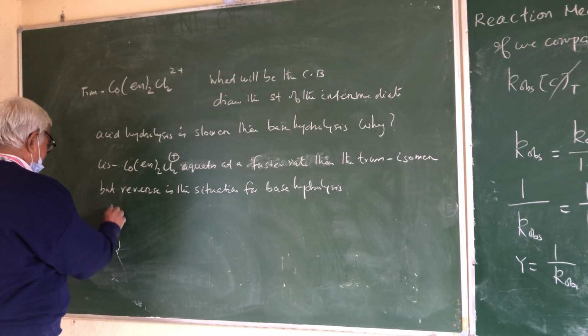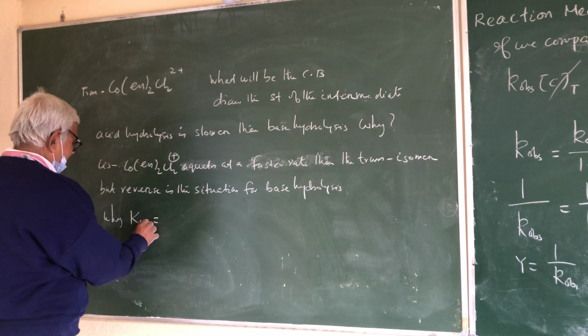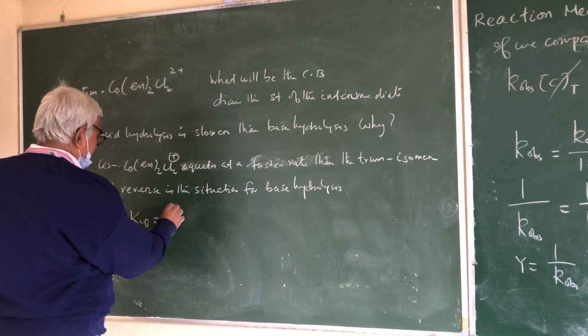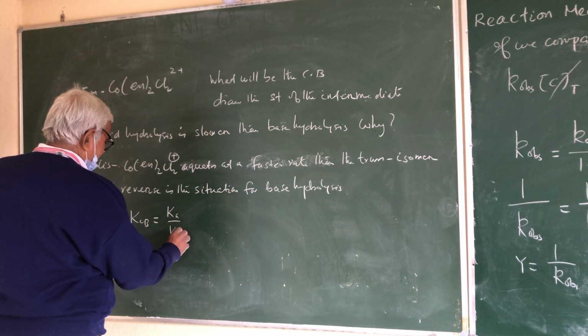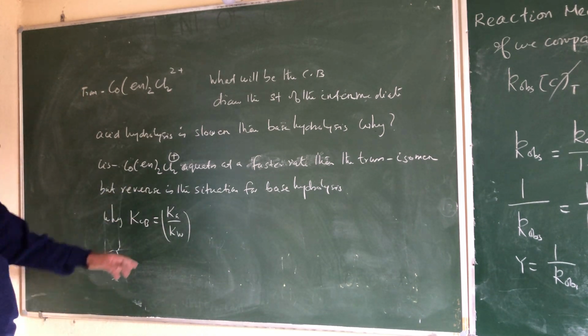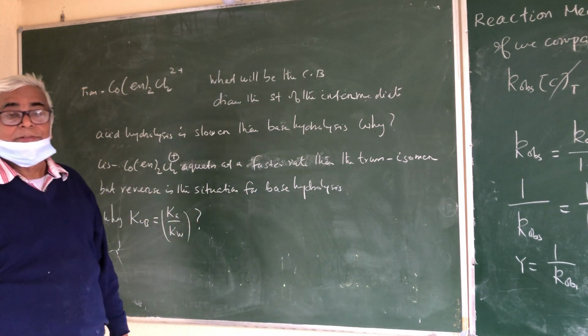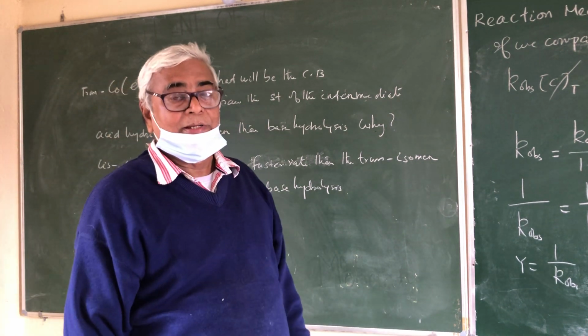Why? K_CB equal to K by K. How can you prove that K_CB equal to K by K? These are some of the questions that you should think and try to solve.